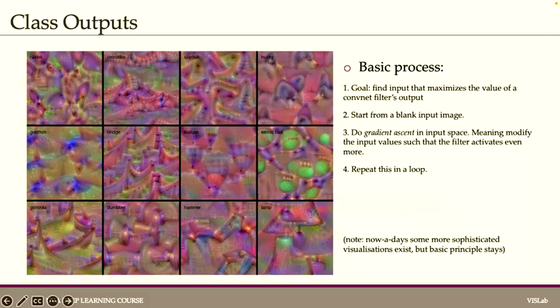Yes? Is this the same visualization that was used in the Google Deep Dream videos? Yes. Are the colors interpretable in any way? They should be, technically, yes. But note that neural networks often don't care too much about the exact color.